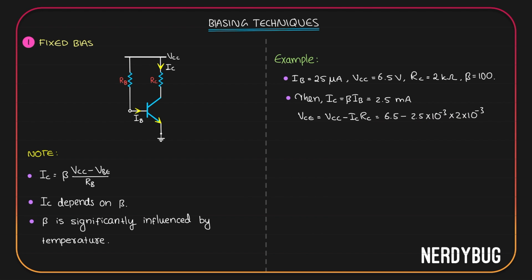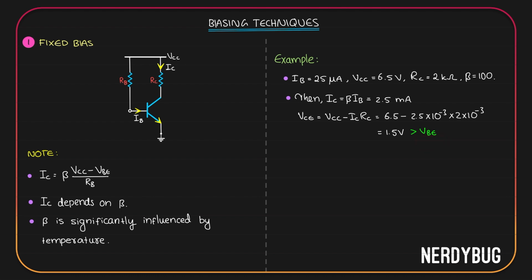That gives us VCE is 1.5 volt. We know the condition for a transistor to stay in active region. VCE should be greater than VBE. Here VCE is 1.5 volt, which is obviously greater than VBE. VBE for a silicon based transistor can be considered to be 0.7 volt.